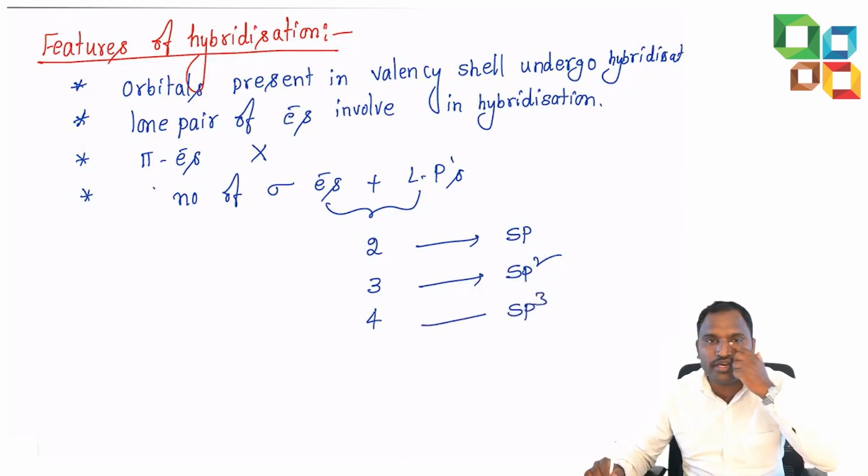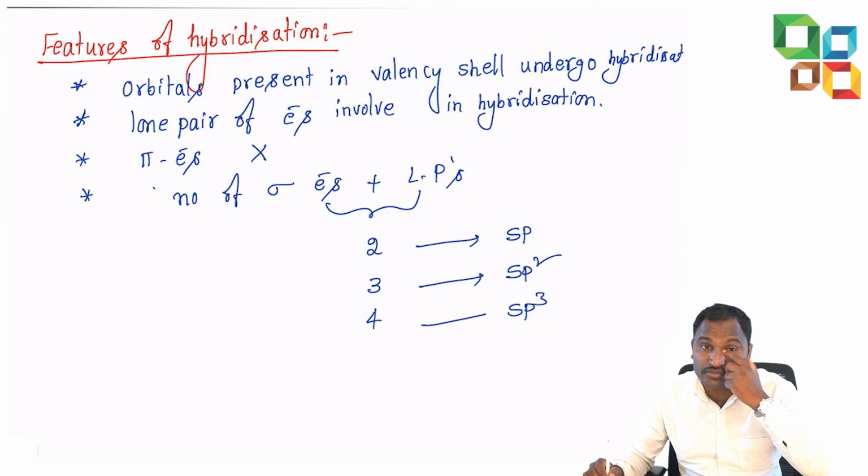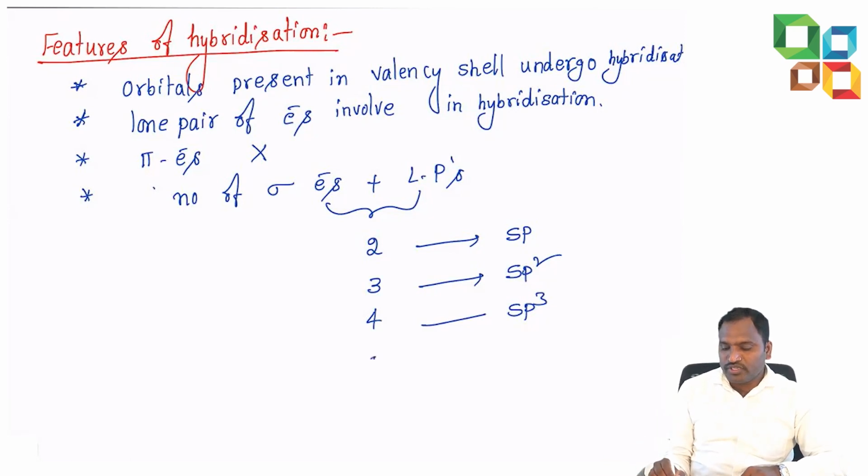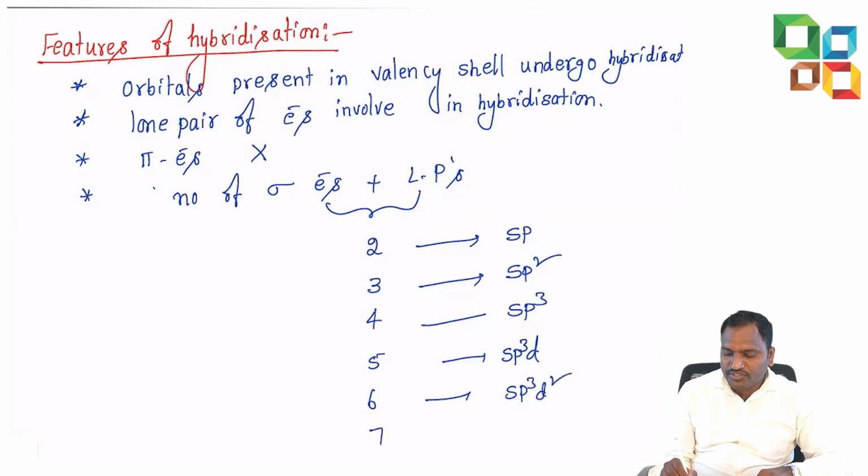If it is 5, sp3d. 6, sp3d2. 7, sp3d3. See students, 1 plus 1, 2; 1 plus 2, 3; 1 plus 3, 4.